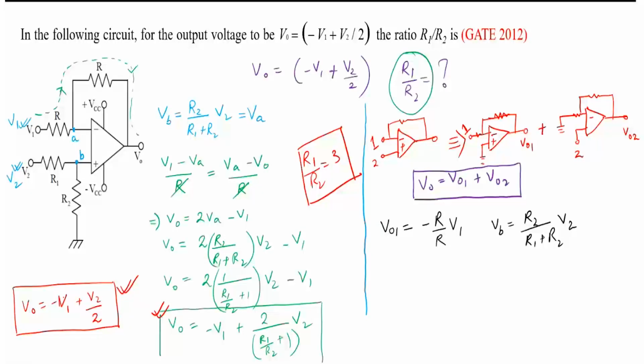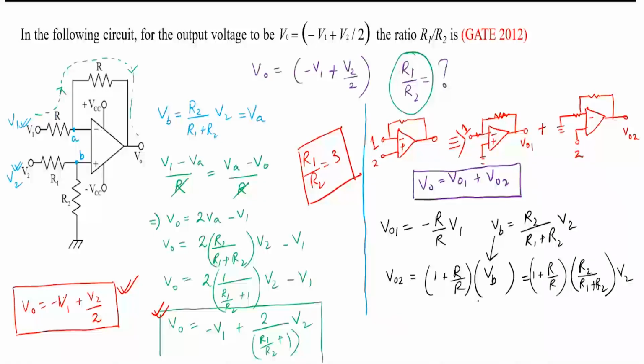Yes, sir. So V02, the gain is 1 plus RF by R1 into the input voltage. Yes or no? And this input voltage is nothing but VB. Am I right? Yes, sir. So you'll get 1 plus RF by R1 into R2 by R1 plus R2 into V2.